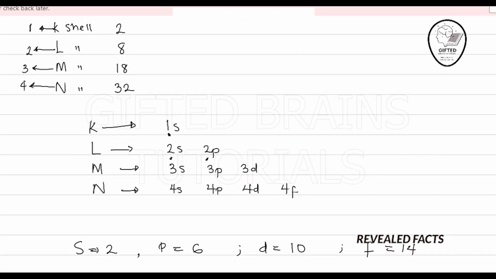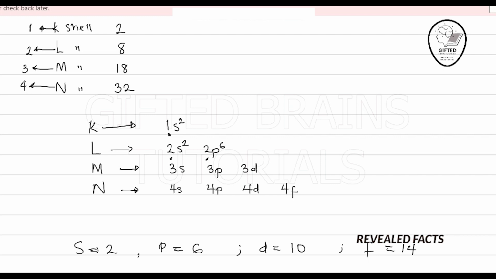Since 1s takes 2, that makes up the 2 electrons in K. The L has 2s and 2p. 2s takes 2 and p takes 6. 2 plus 6 gives me 8. That is the reason why L can take 8 electrons. The M contains 3s, 3p, and 3d.